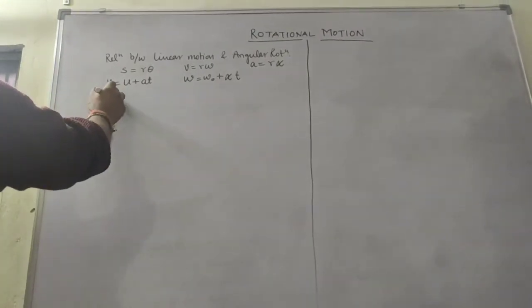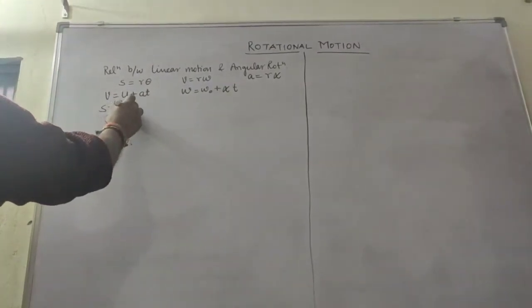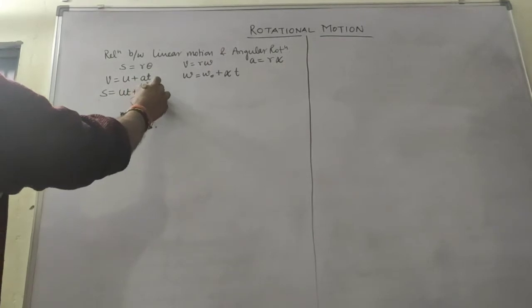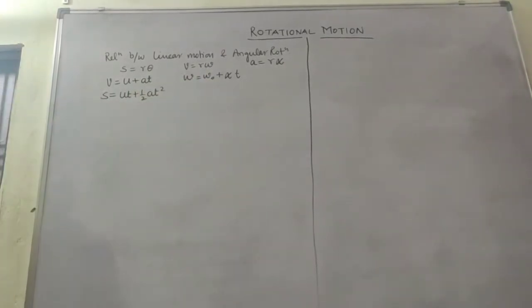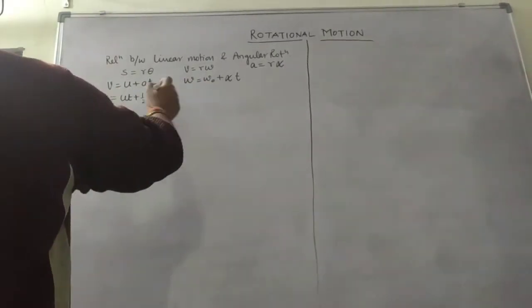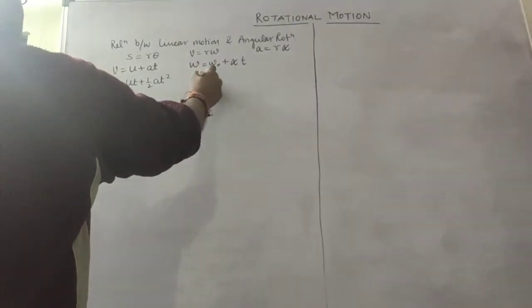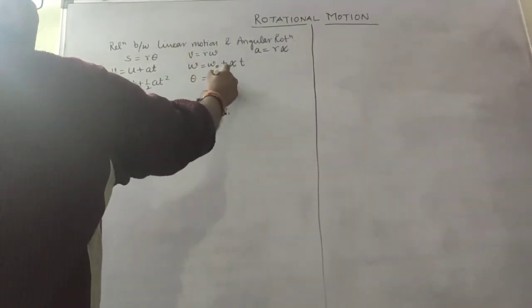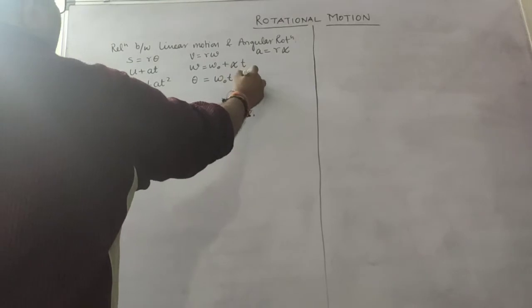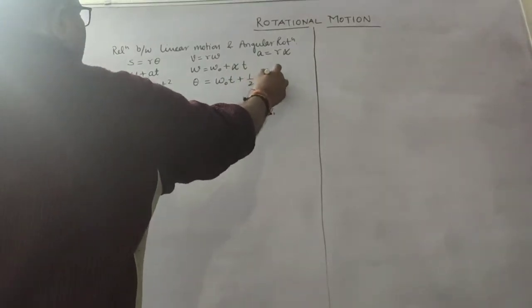Similarly, S is equal to ut plus half at square. I will derive this equation. S is angular displacement, so this becomes theta is equal to omega naught t plus half alpha t square.